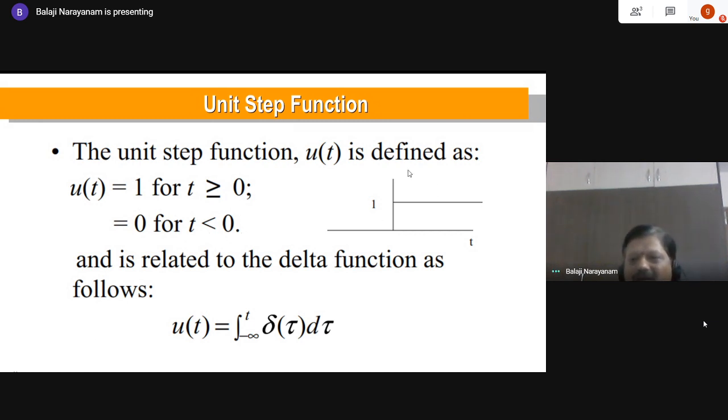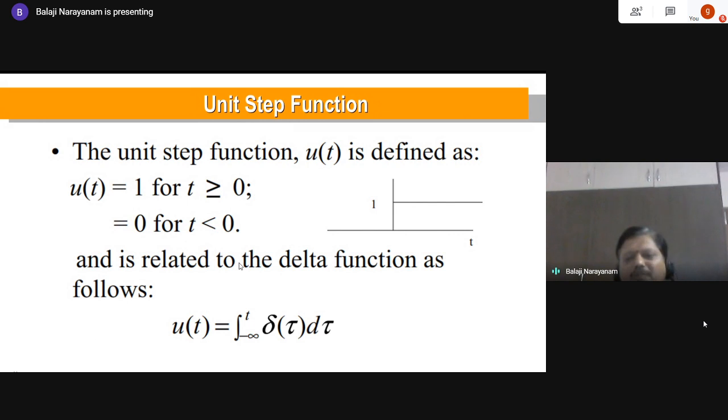You may try to see the plot of this u of t. It has an amplitude of 1 for all values of t which are greater than or equal to 0. On the left hand side, you don't find any amplitude value, it is 0.